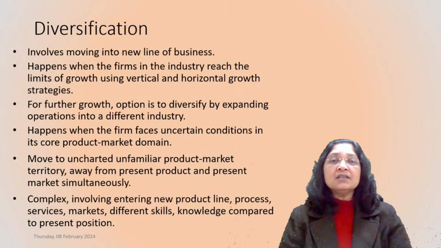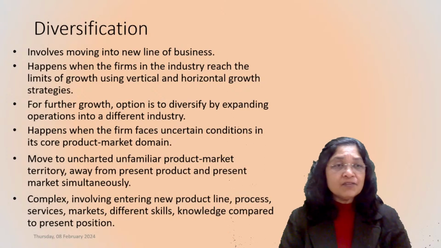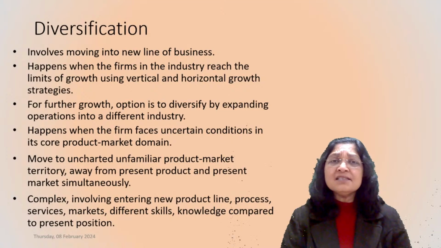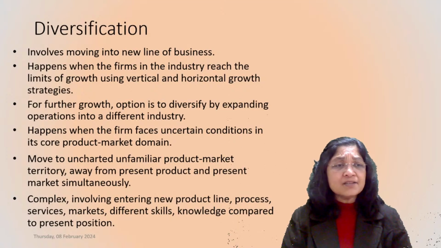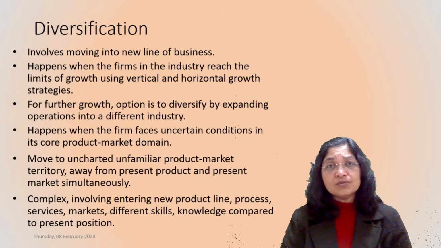Okay, now diversification. Now we continue with our discussion that we were already doing in the previous unit. Diversification means moving into new line of business. And when does it happen? It happens when the firm in the industry reaches a limit of growth using both vertical and horizontal growth strategies.